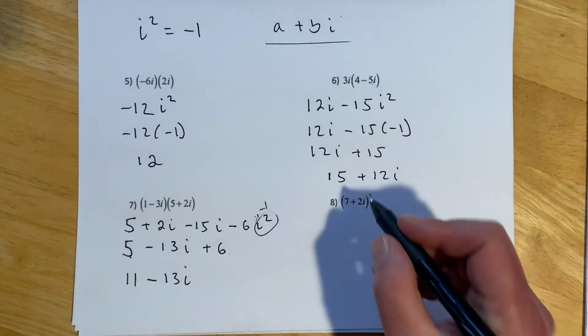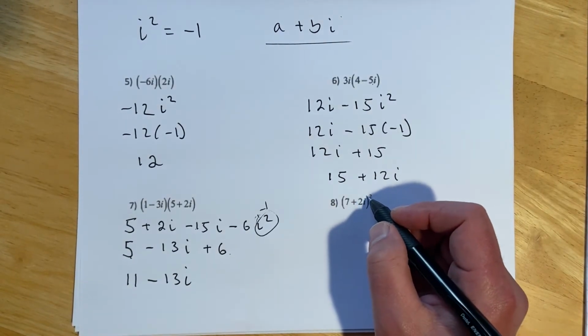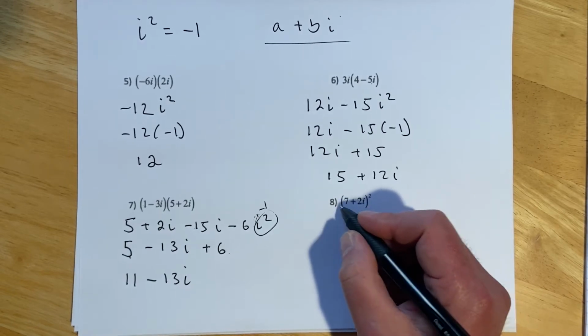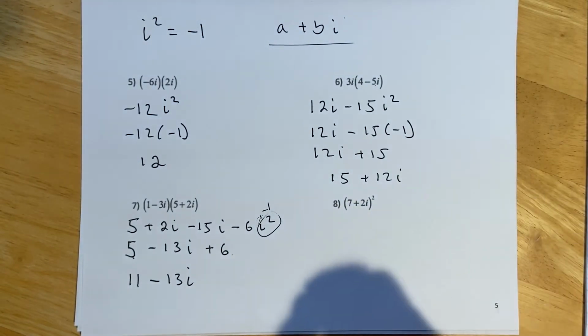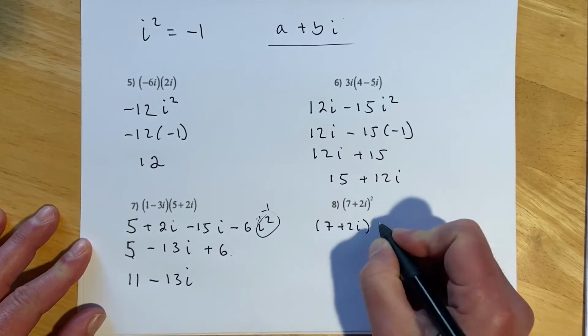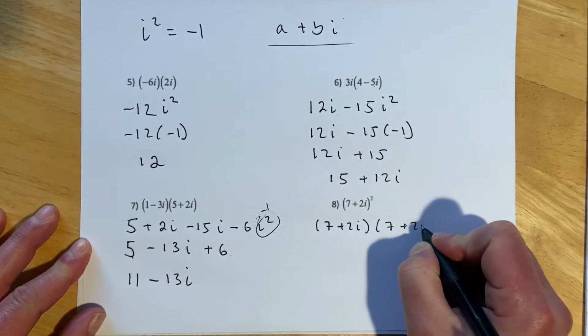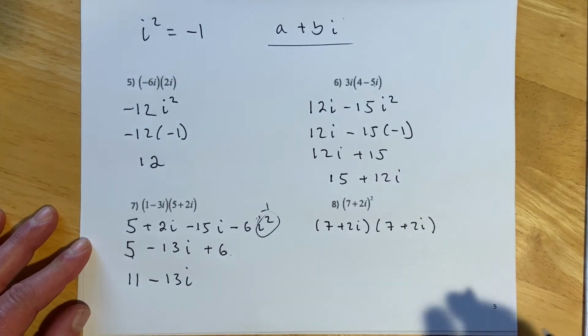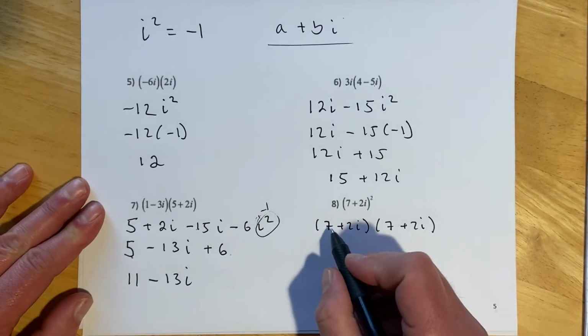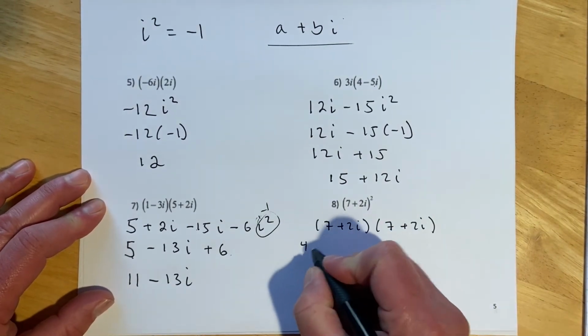For this one, a couple of ways you can go. If you are good at doing perfect trinomial squares in your head, you can definitely do this that way. Most people are not good at that. So I am going to show it as a FOIL. And then I will talk through how I would do the other version because it's something that you would just do in your head. So let me do the FOIL first. 7 and 7, 49.